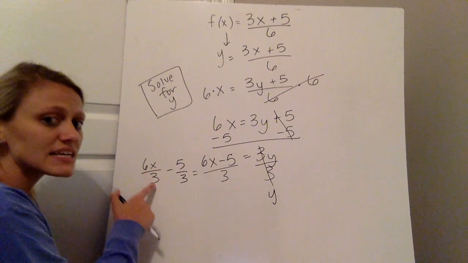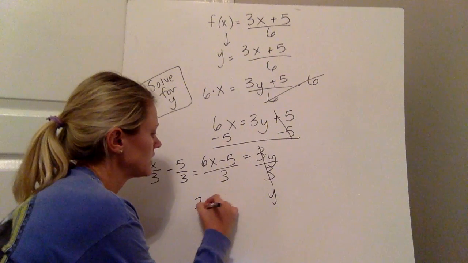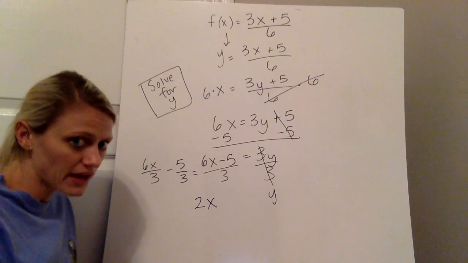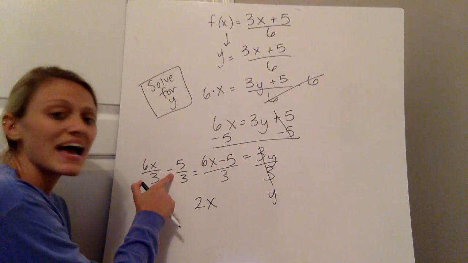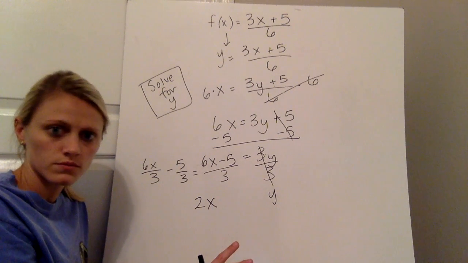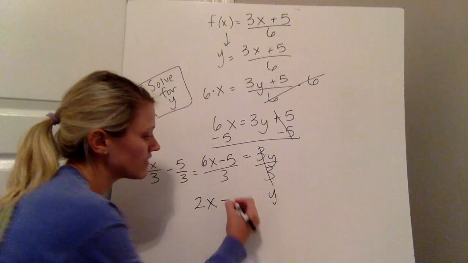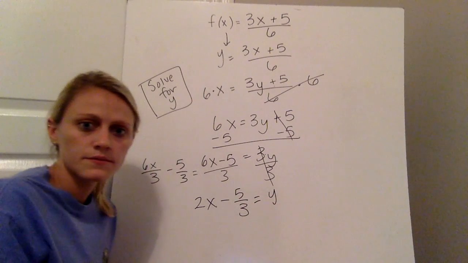Now I know 6 is divisible by 3. 6 divided by 3 is 2. That leaves me with 2x. I just did 6 over 3 is 2x. I can't simplify 5/3. That's as simple as it'll go. So I'm going to just leave that as negative 5/3.